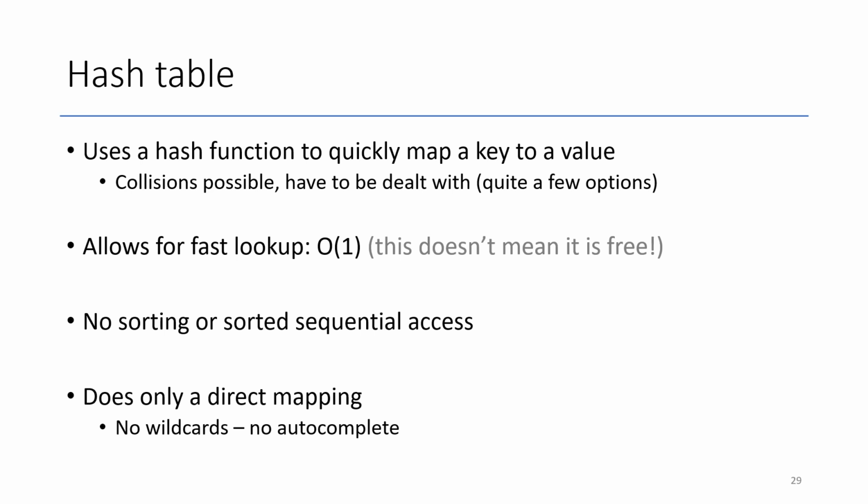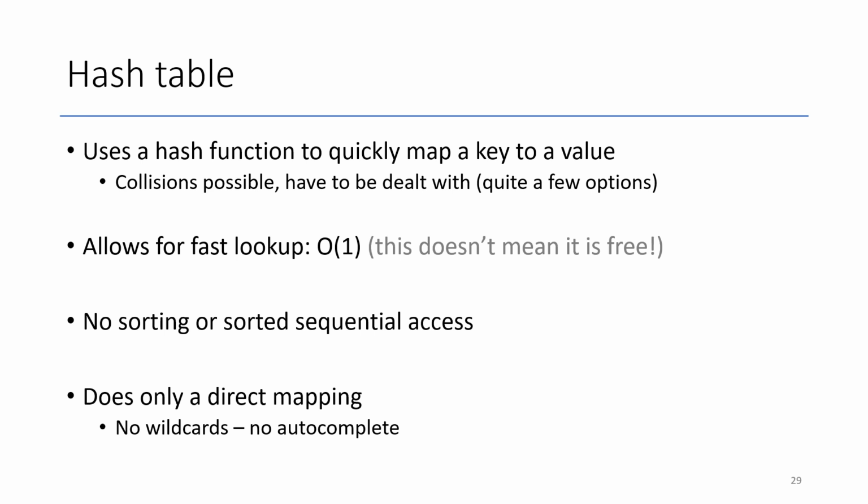The hash table uses a hash function to quickly map a key to a value. It's a very common and broadly applicable data structure, and it powers most of the basic dictionary implementations of most programming languages. It allows for a fast lookup, which is in terms of O(1), but I want to caution that this doesn't mean it's free.